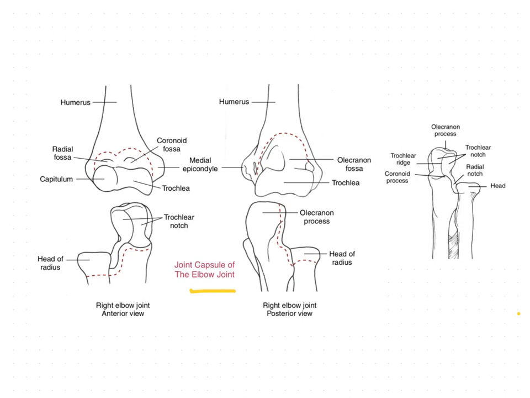And this capsule not only encloses the elbow joint, but it also encloses the proximal radio-ulnar joint. So the proximal radio-ulnar joint also has a common capsule which is enclosing the elbow joint.